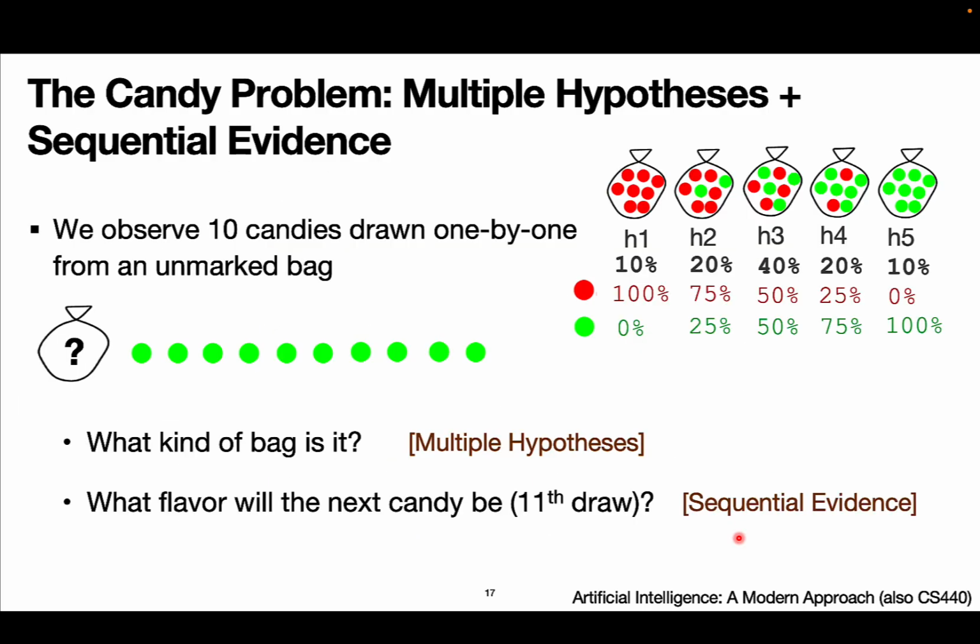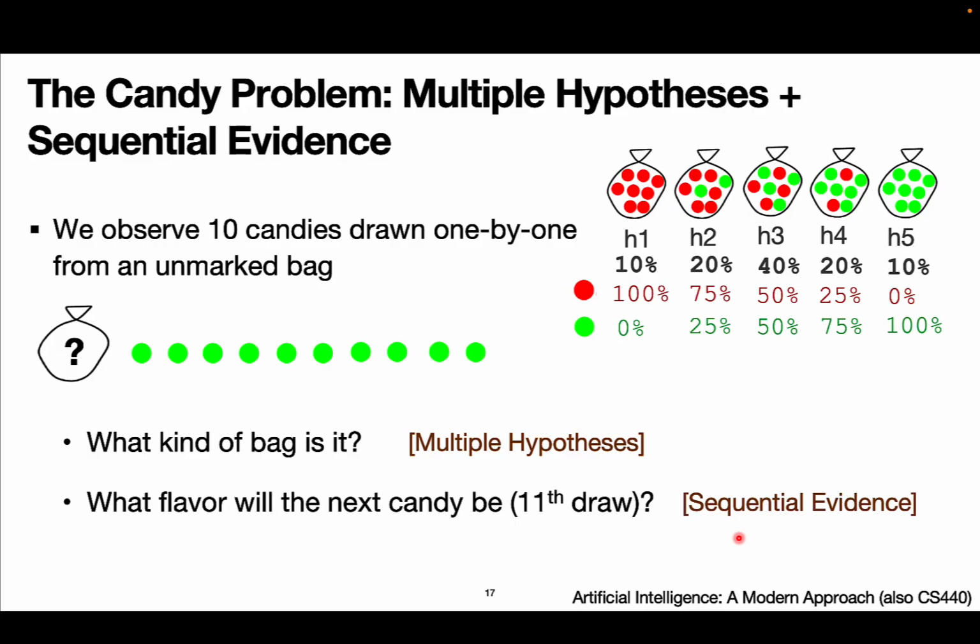Now, what happens next is very exciting. Suppose we picked a bag at random, and we start to draw candies from this bag. The first candy was lime, the second lime, the third lime, the fourth lime, the fifth lime, and so on. So we drew 10 candies, and all of these candies were lime. We're going to use Bayes' theorem to answer the following question.